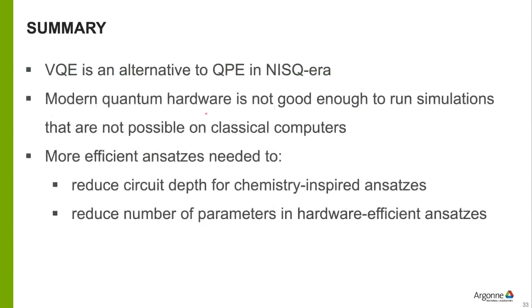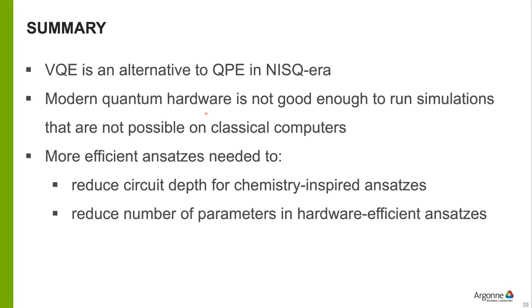And to sum up, variational quantum eigensolver is a near-term alternative to the quantum phase estimation algorithm. And still, the modern hardware is not good enough to run the simulations that are not possible on classical computers yet. And more efficient ansatzes are needed for VQE to tackle more complicated problems.